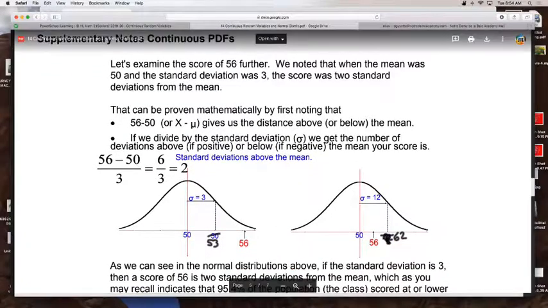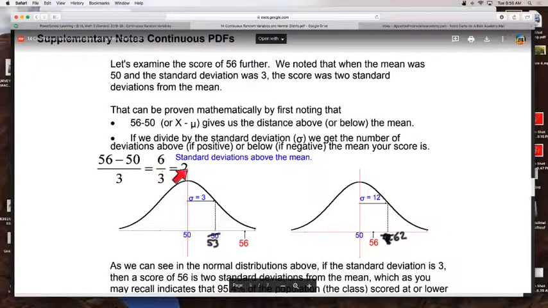To understand this a little bit more, I want to look at the score of 56 in a little bit more detail. Suppose the mean was 50 and the standard deviation was 3. Then a score of 56 is 2 standard deviations above the mean. So here you can see the bell curve with the mean at 50, and the score of 56 is from 53, 56. It's 2 standard deviations above the mean.